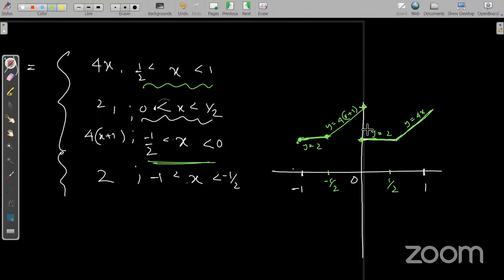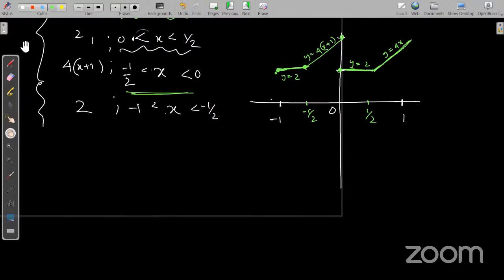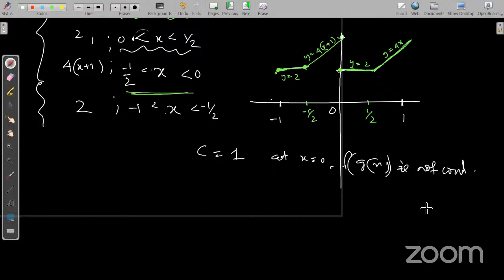So C is the number of points of discontinuity. How many points of discontinuity are you getting? Only 1. At x is equal to 0, f of g of x has a jump discontinuity. It's not continuous. So the number of points of discontinuity is 1, that is C is equal to 1.